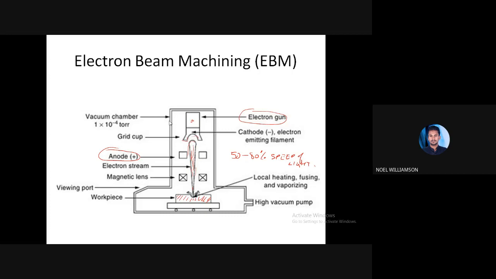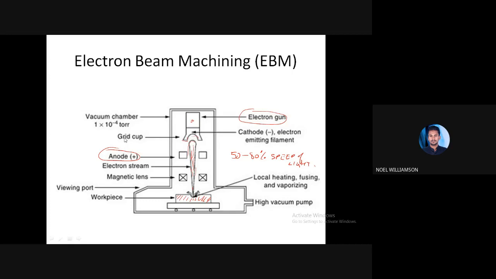This is the mechanism of electron beam machining, and the speed of the electron beam is about 50 to 80% of the speed of light. It is made to such a high speed by using the anode, magnetic lens and deflection coils. Using these, the speed of the electron beam is adjusted or increased.